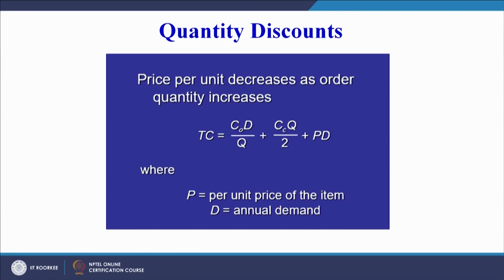Now we have another important topic which we need to cover, and all of us must understand it: the concept of quantity discounts. In quantity discounts, we know that if we order more, we get a discount. You can relate it to your daily life also.